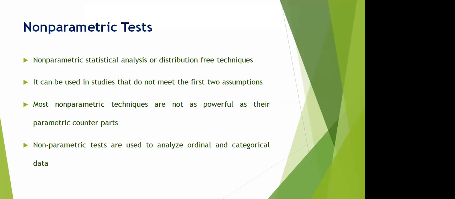So distribution doesn't matter here. So we call them distribution free tests, called non-parametric tests. Most non-parametric tests are not as powerful as their parametric counterparts. Non-parametric tests are used to analyze ordinal and categorical data also.